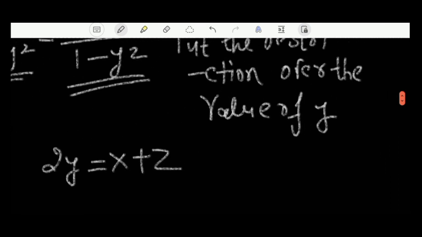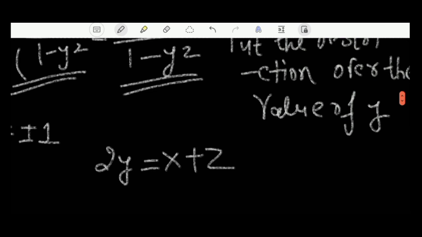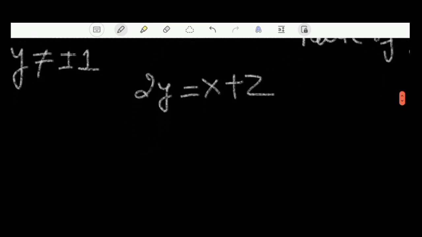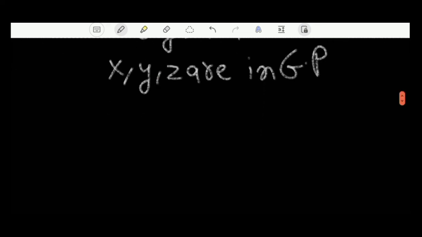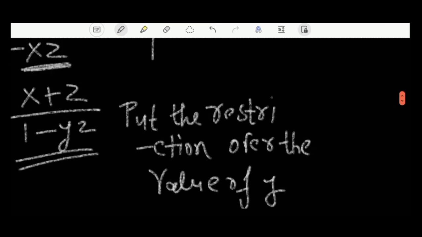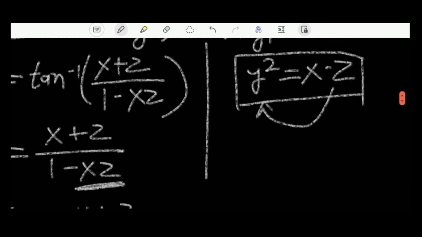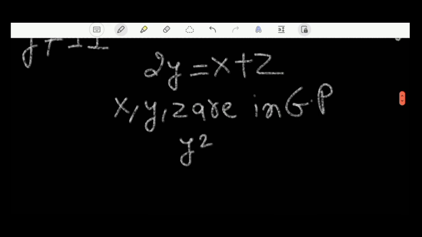And since you know that x, y and z are in GP, we can also say that this condition holds true for x, y and z: y square is equal to x into z.